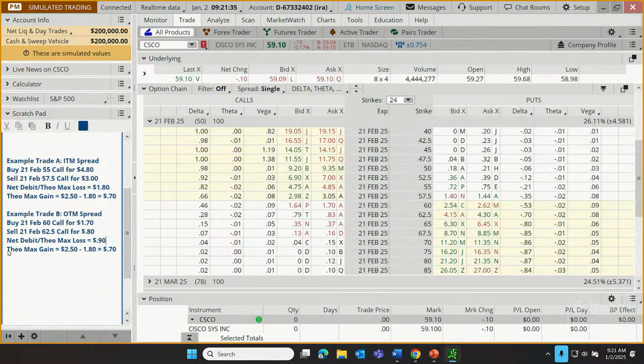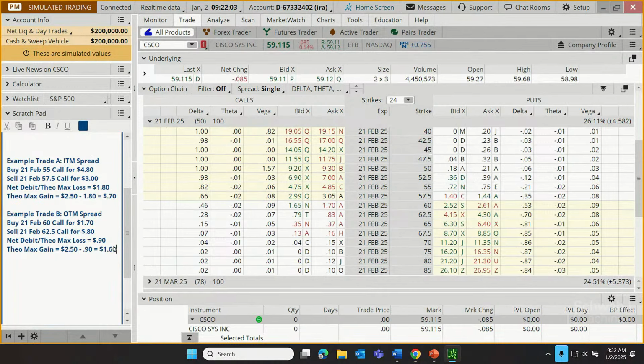And if the same equation applies to theoretical maximum gain, we take the distance between the two strikes, it's still 250, and instead of subtracting the $1.80 cost from that, now we're down to a 90-cent cost. What's left over as potential reward? $1.60. And in this case, we've actually more than doubled the potential reward.